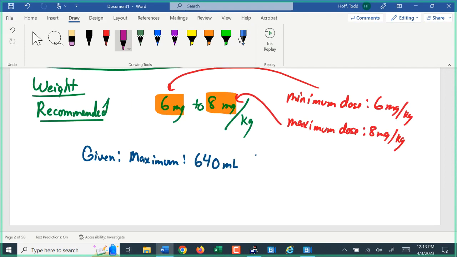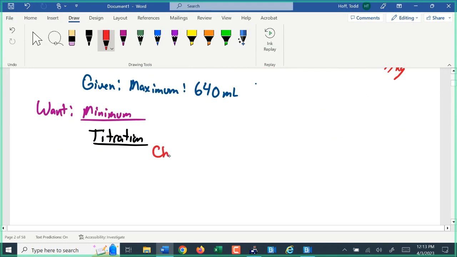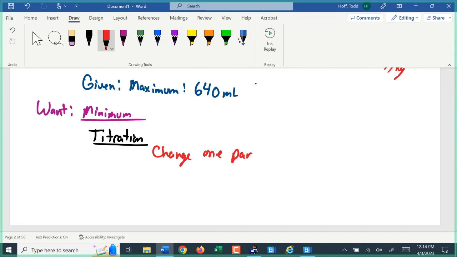If we want to know what the minimum dose is without having to go through that whole calculation again, there's a process called a titration. And what a titration does is it allows us to change one of the parameters of the calculation. That parameter could be the concentration of the medication, could be the weight of the patient. Here, it's whether it's the minimum dose or maximum dose.